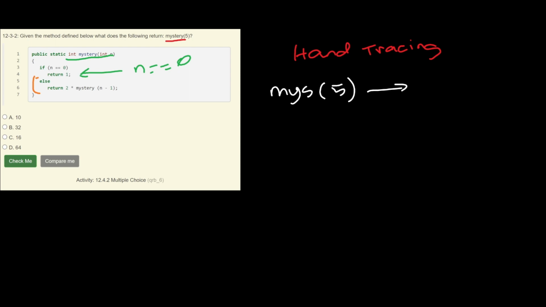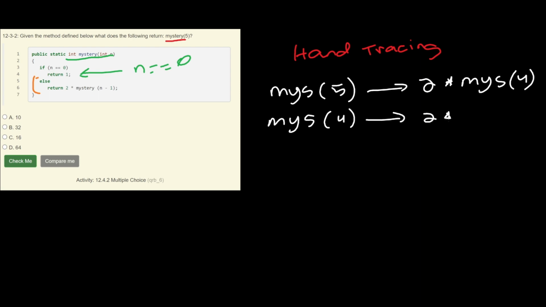So we're going to do 2 times the mystery method, and its parameter is going to be n minus 1. So n is 5, so n minus 1 is 4. So now we're at mystery 4, and then 2 times mystery 3.